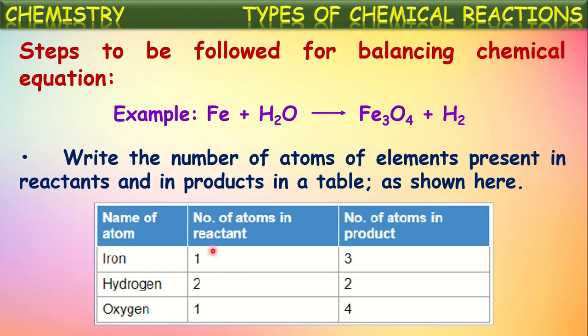On the reactant side, there is only one iron atom, but on the product side, three iron atoms are there. In the same way, we have written here atoms of all the elements present in this equation, hydrogens and oxygens. So iron atoms are not balanced, oxygen atoms are also not balanced. Now we have to balance these.